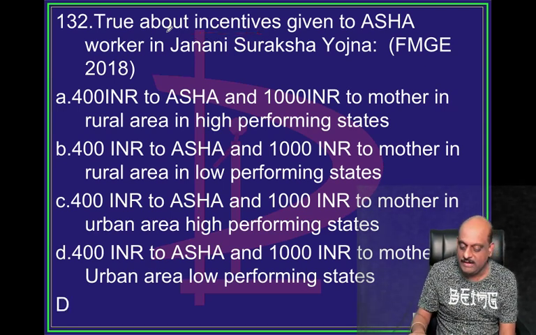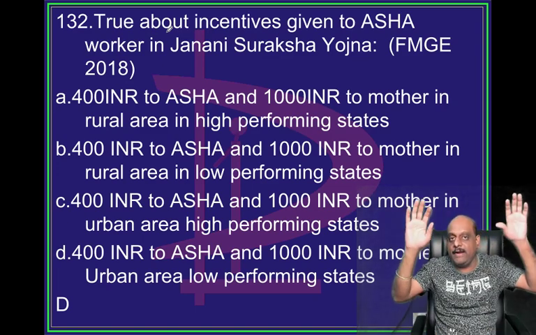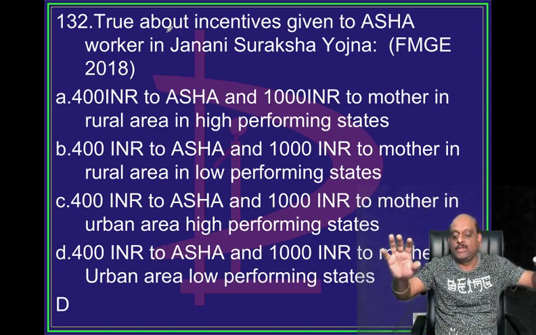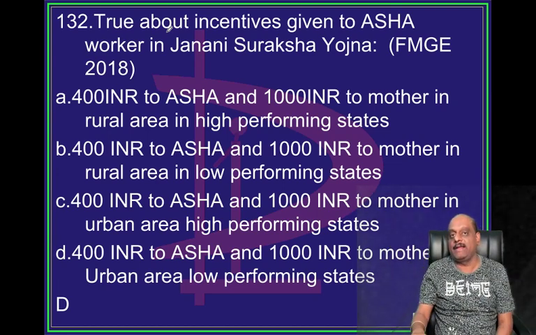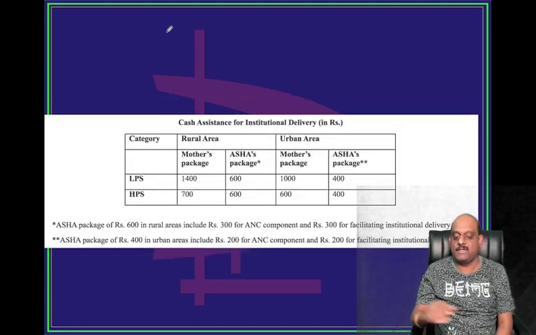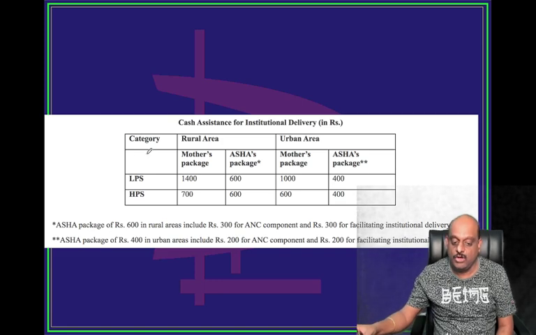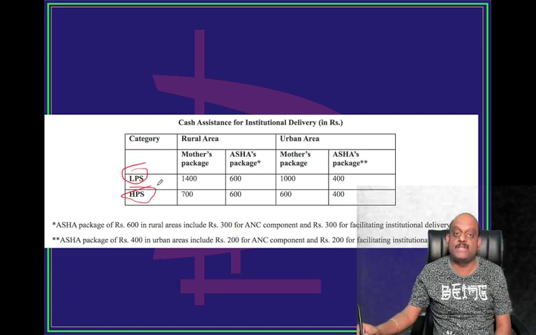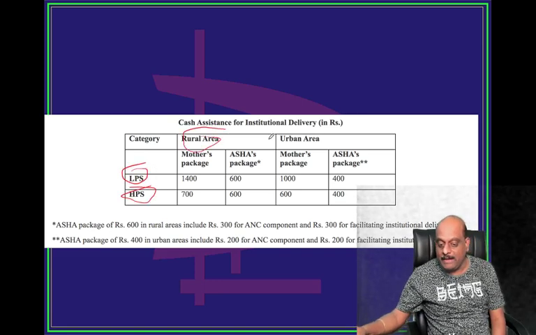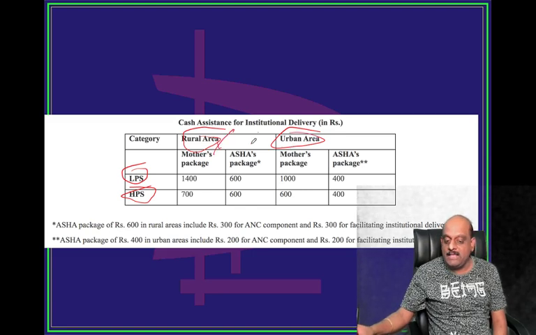So, doctor, 400 rupees to ASHA, 1000 rupees to the mother in urban low performing states. So, low performing, high performing states, rural, urban, mother package, ASHA package.